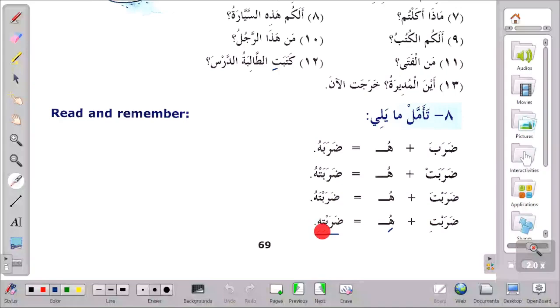And not only in this form, this ha, when it is attached to most of the huruf al-jar. For example, bihi. When we are saying bihi, it is preceded by a harf, that is b. So the ha is initial, having dhamma, but you can't say bihu.